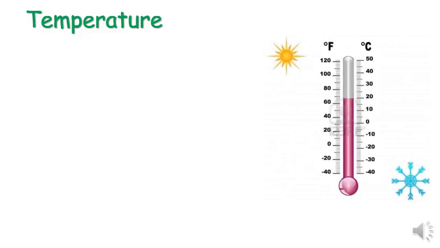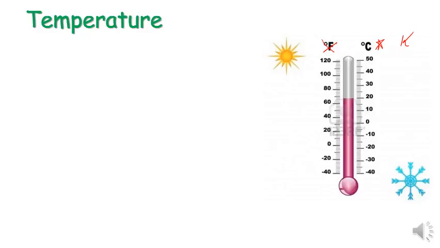Since we're talking about temperature, it's probably a good idea to talk about the 3 different temperature scales. We're going to spend quite a bit of time talking about Celsius. That's the one that's really important to science. And we're also going to talk about the Kelvin scale. We're not going to spend too much time talking about the Fahrenheit scale, but we will have to talk about it a little bit since I'm recording this in the United States and I'm teaching this in the United States, and we're the only country that still uses the Fahrenheit scale, so I'll spend a little bit of time talking about that, but not a lot.